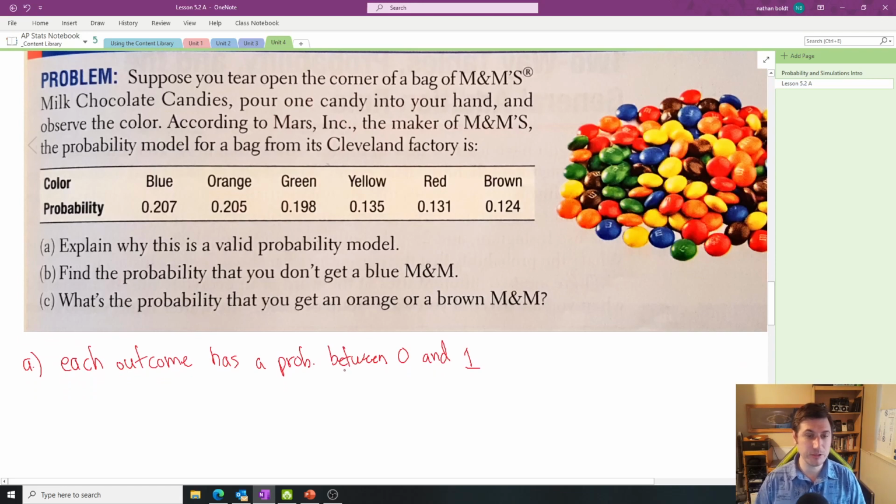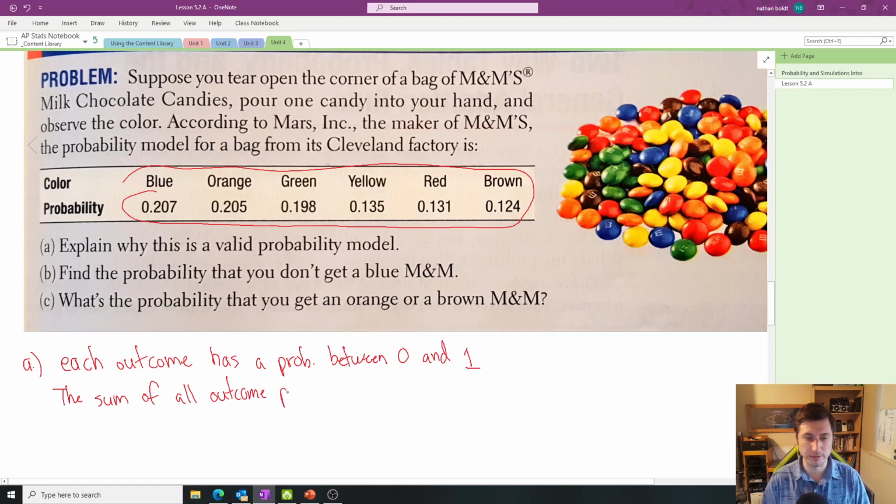And the other thing that has to be true about a probability model, all of them together have to equal 1. So the sum of all outcome probabilities equals 1. And if you want to check me, go ahead, add all those numbers up. They do, in fact, equal 1.